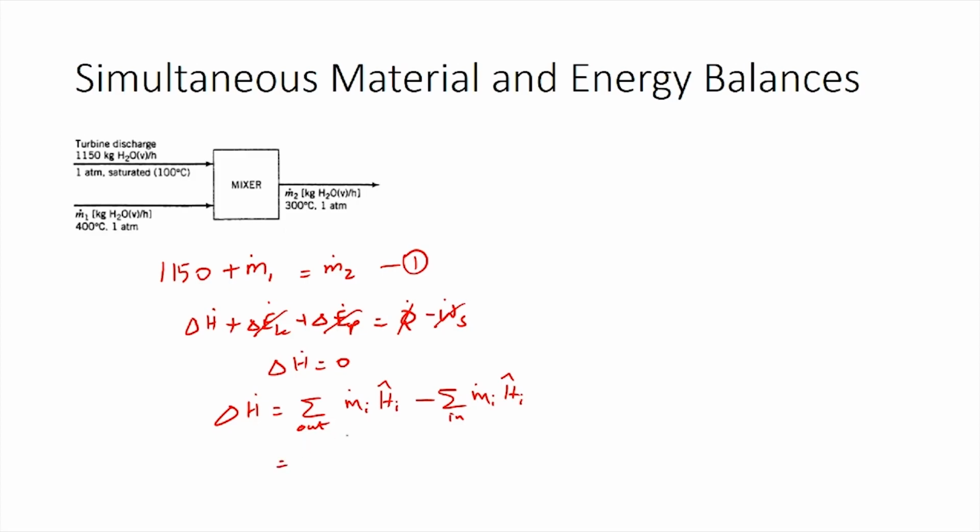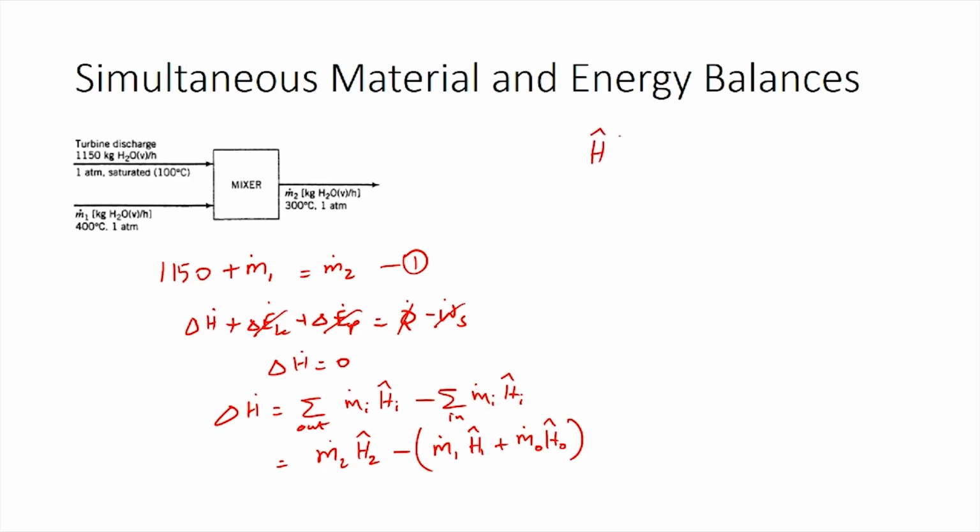The outlet stream is M2 dot times, let us call this H2 cap, minus M1 dot times H1 cap plus, let us call that, M0 dot H0 cap, where M0 dot is 1150 and H0 cap is the enthalpy associated with the inlet stream. So, looking up the steam tables, we can identify these values.